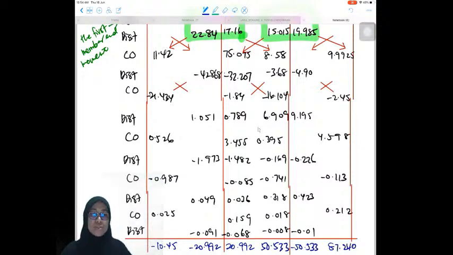So I will show you the simple steps on how to draw the bending moment diagram.